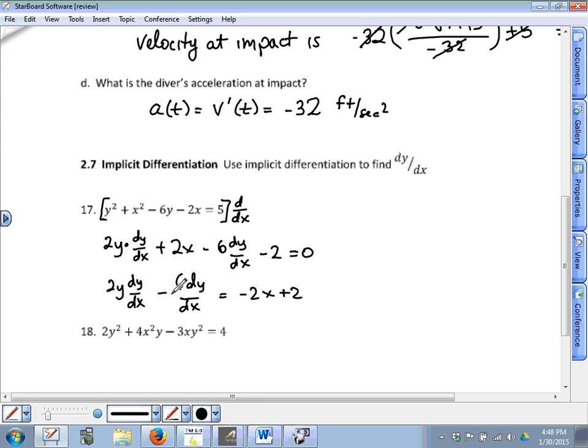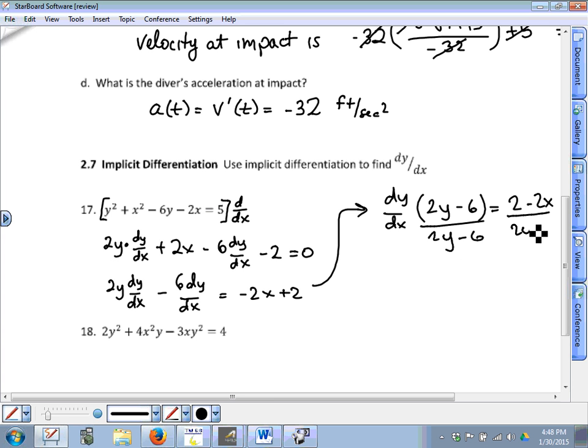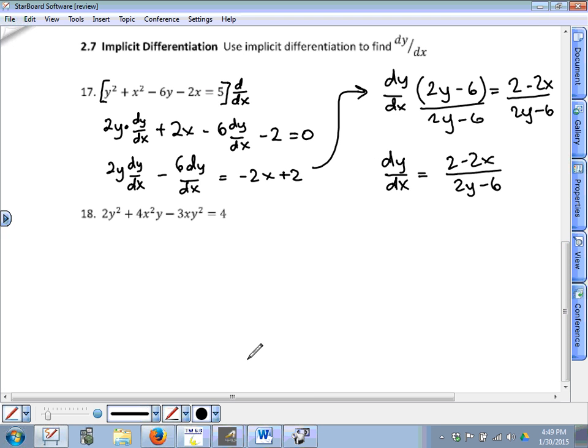And then on the left side, both terms have a dy dx, so you can factor out a dy dx. You get 2y minus 6 equals 2 minus 2x. And then divide by the 2y minus 6. So the derivative with respect to x is equal to 2 minus 2x over 2y minus 6.